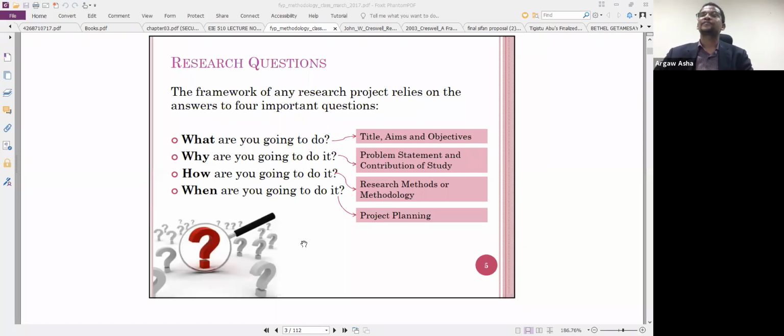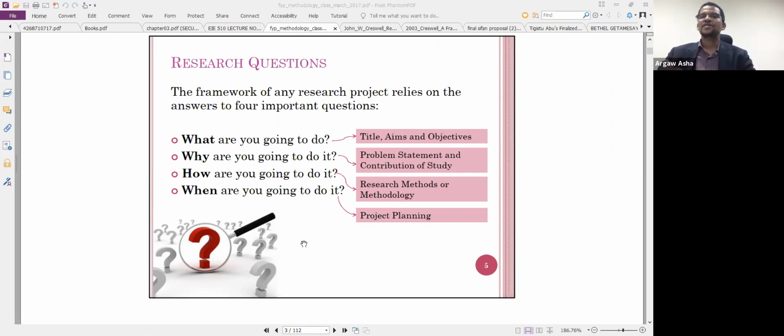So why are you going to do it? That comes from the problem statement. The problem statement is that bridges connect two societies. Let us say from Adama to Addis we have one bridge connecting Adama to Addis.